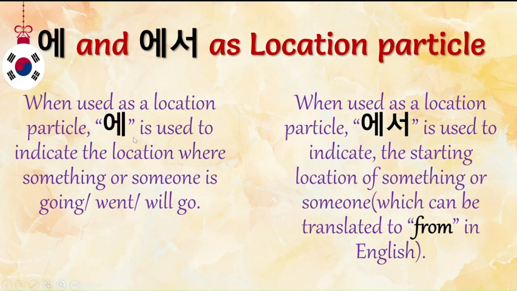So 에 indicates the heading point, the heading location, and 에서 indicates the starting point or the starting location. 에 indicates where you are heading to, like I am heading towards the school, then you use 에. And if you say I am going from school to my house, then you use 에서 to indicate the starting location.